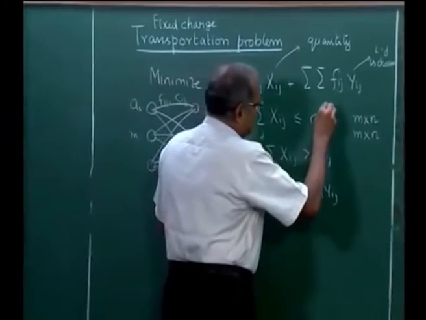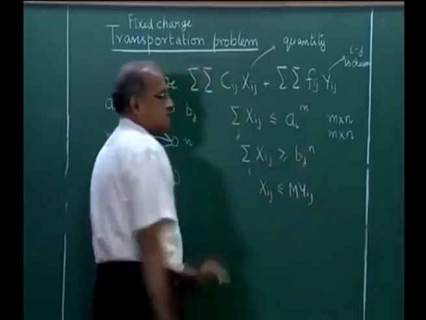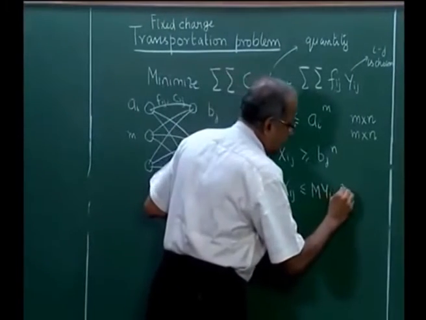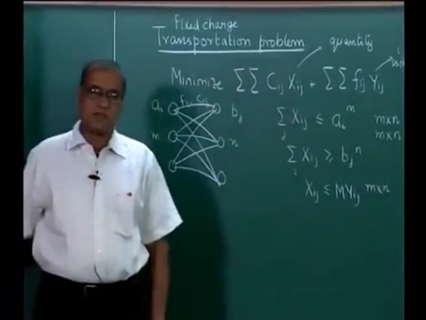Now there will be m constraints that relate the supply, there will be n constraints that relate the demand, and then there will be m into n constraints that link the supplies to the demands.